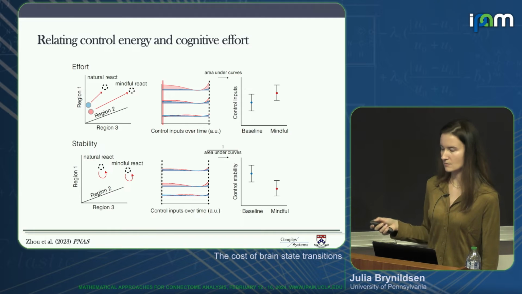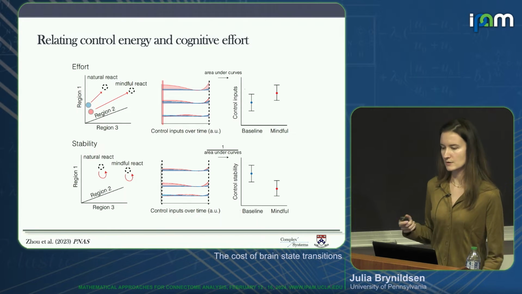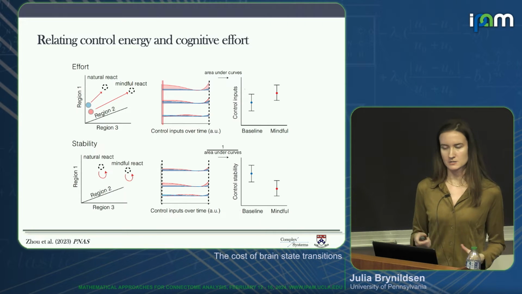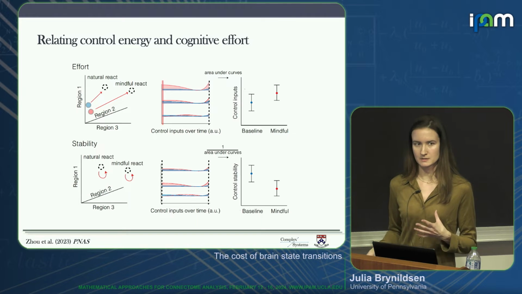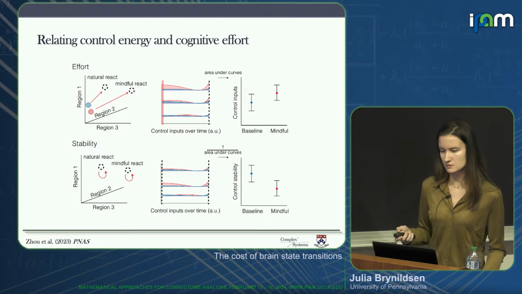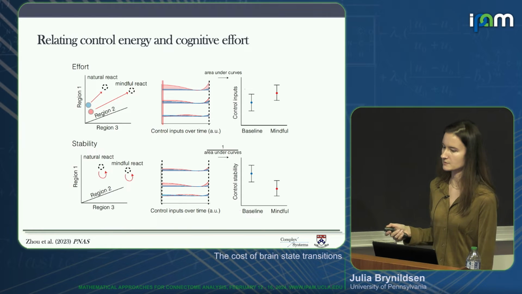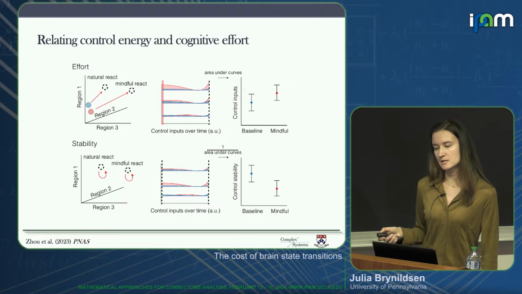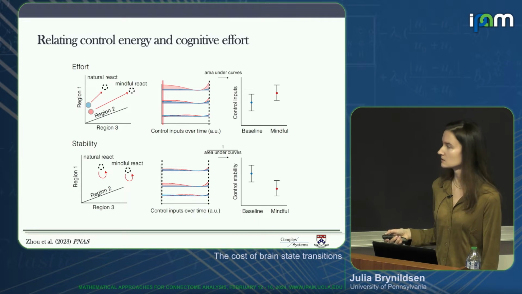And then a control theoretic approach was used to assess whether reacting mindfully to an alcohol cue would require more input than reacting naturally, which would be consistent with the idea that control input reflects cognitive effort. So the first hypothesis was that more control input would be required for the brain to reach the mindful state than the natural react state.